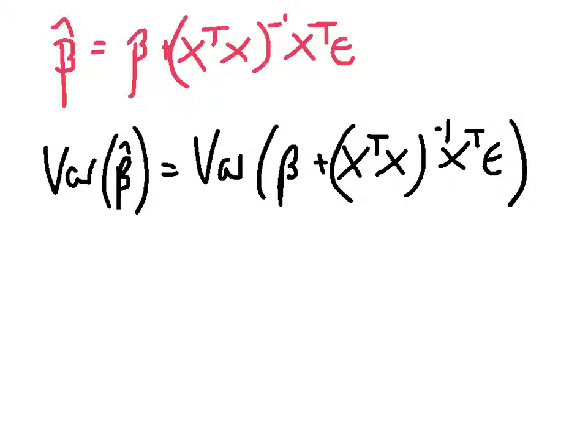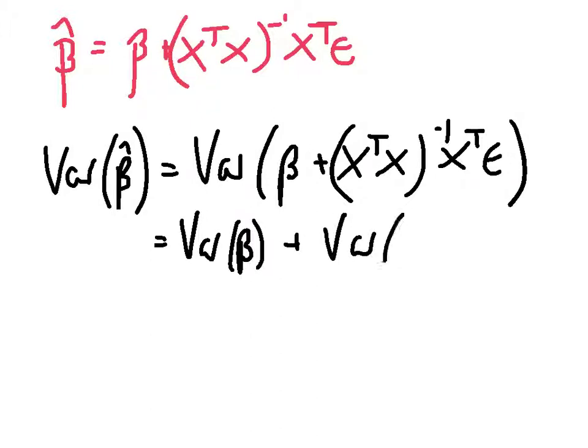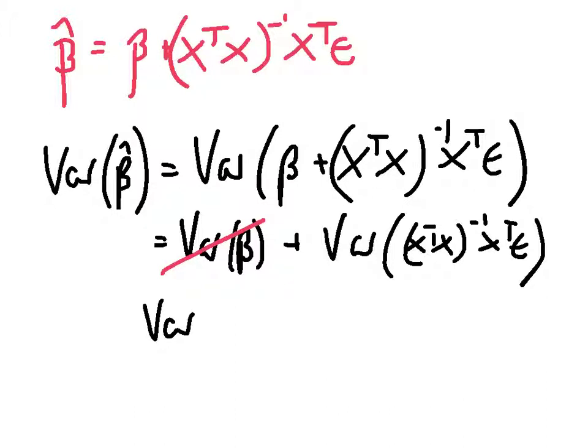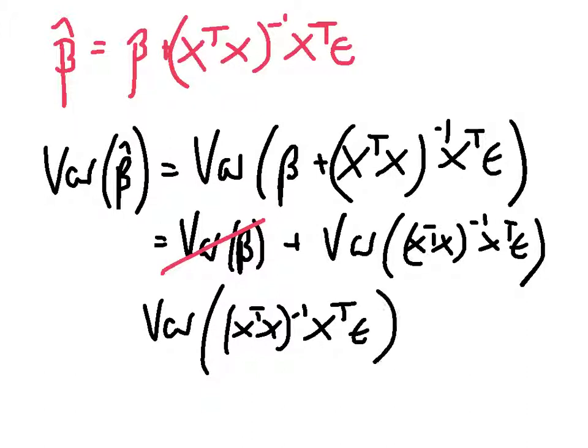Now with a term there, we can apply some additivity. So this will be the variance of beta plus the variance of (X^T X)^-1 X^T epsilon, and, well, what's the variance of a constant? That's going to be 0. So what we're looking for is the variance of (X^T X)^-1 X^T epsilon.